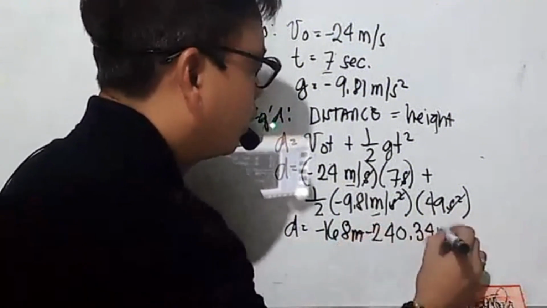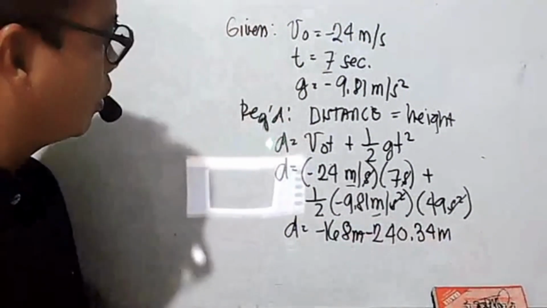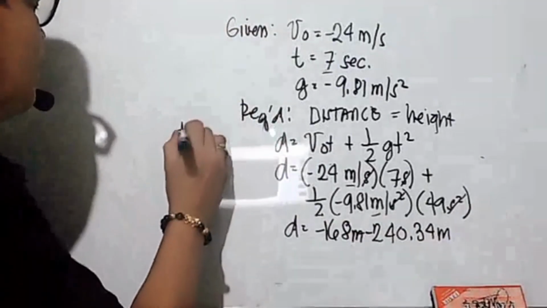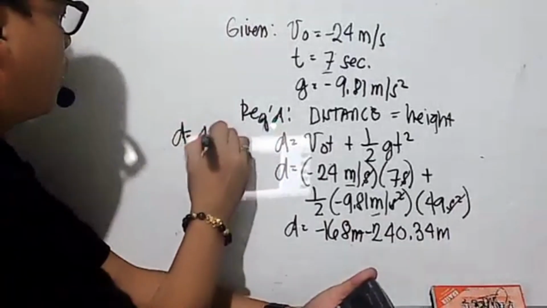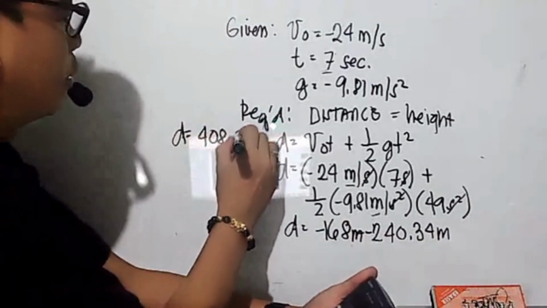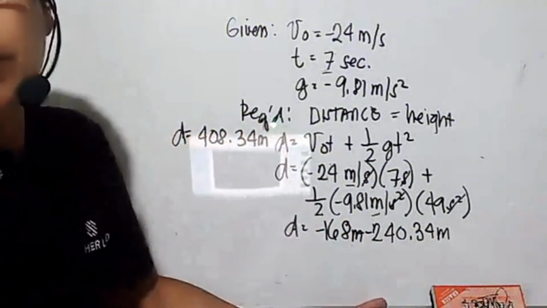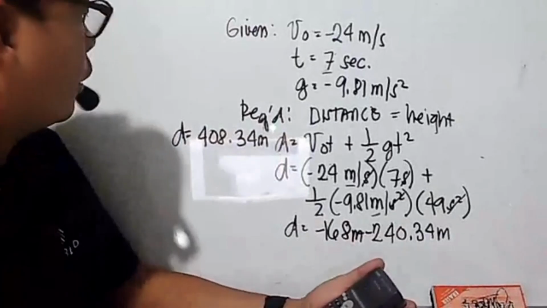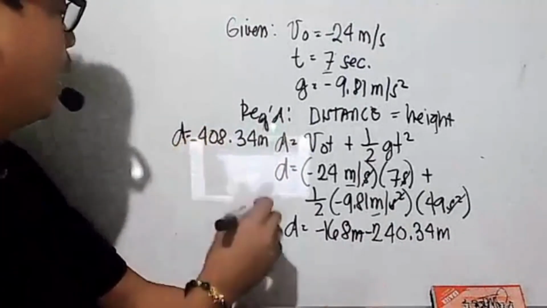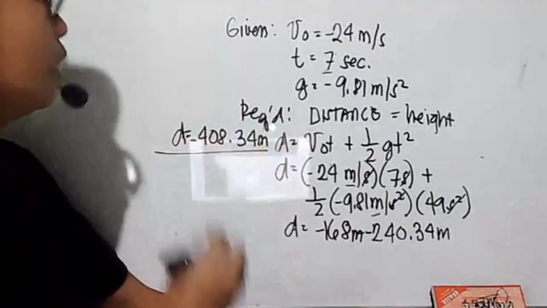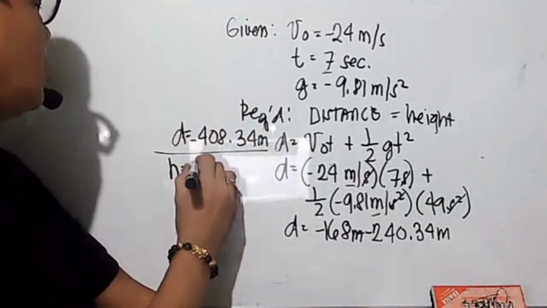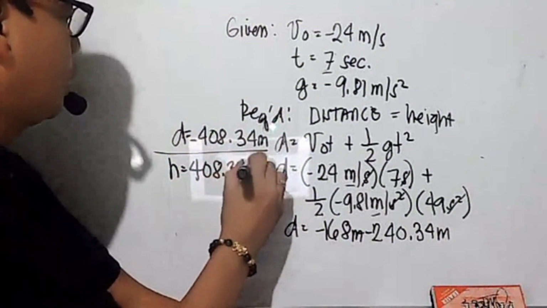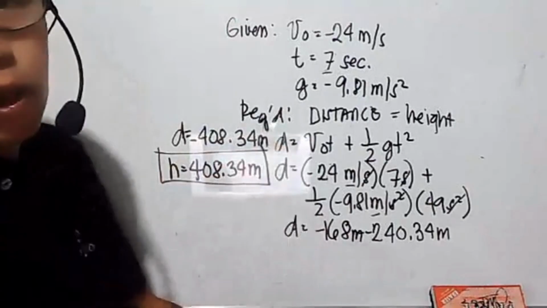Then minus 168. So your displacement is equal to negative 408.34 meters. So this is your displacement. Therefore, the height of the cliff is equal to positive 408.34 meters. So this is the answer to the question.